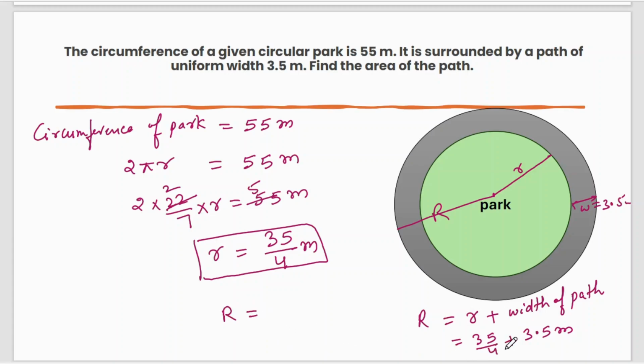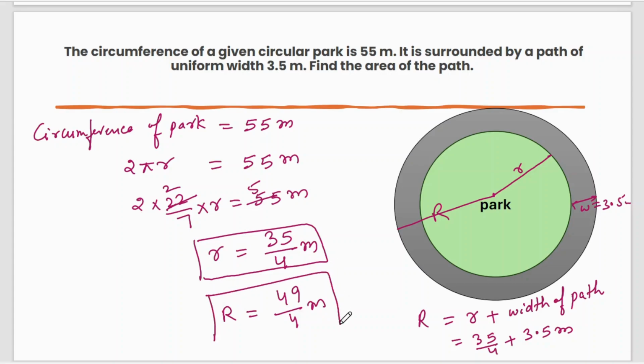Okay, so you can calculate this and you will get R equal to. So how will you calculate this? See, you can write the width of the path 3.5 meter as 35 by 10 and just add this, or you can convert the 35 by 4 into decimal also. So I'm directly writing the value of capital R, and it is 49 by 4 meter.